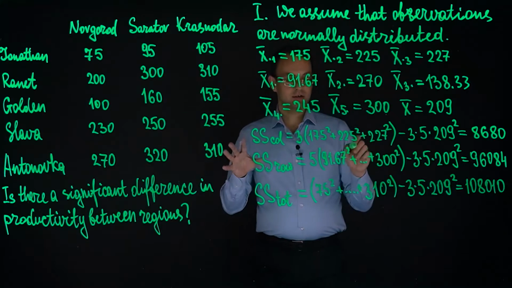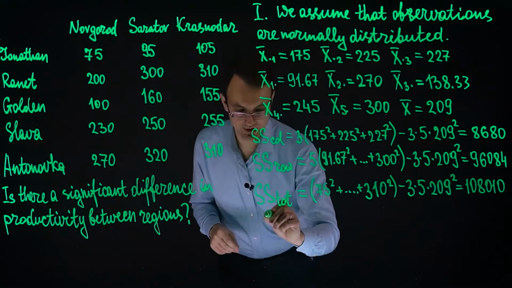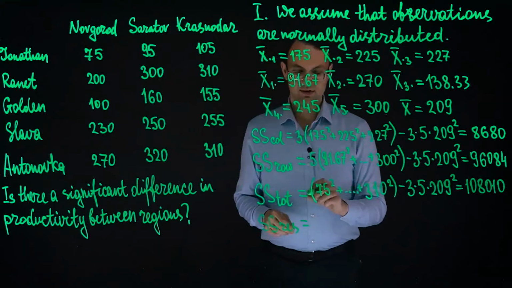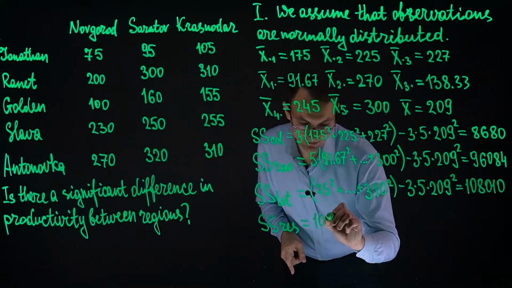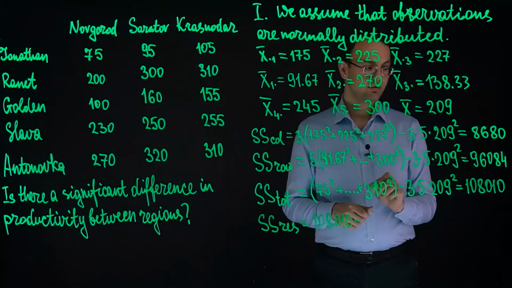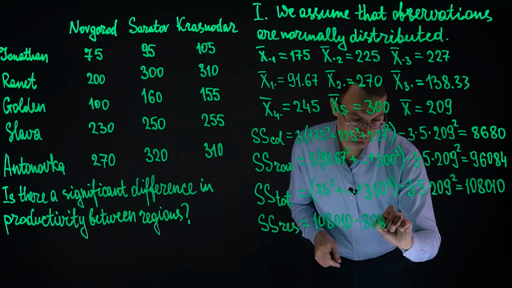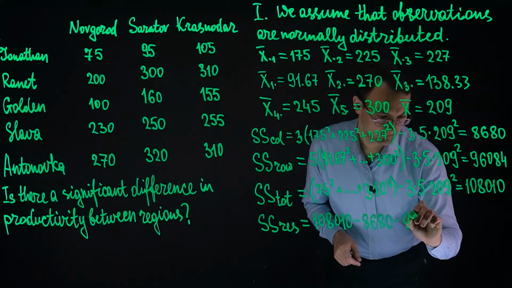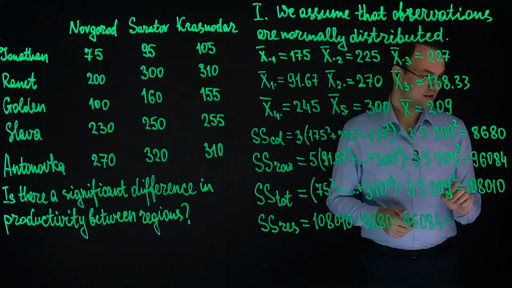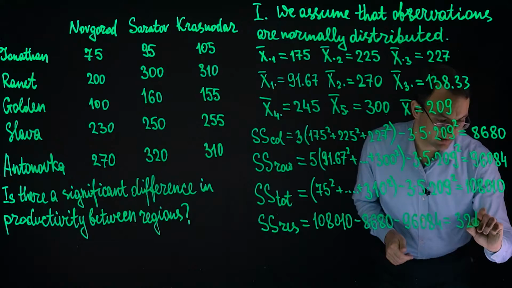So these are sums of squares that we find directly, and then the residual sum of squares, SS residual, that is SS total minus SS column minus SS row. And it equals 3,284.